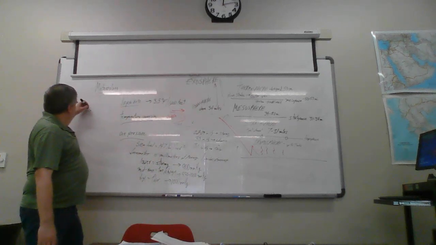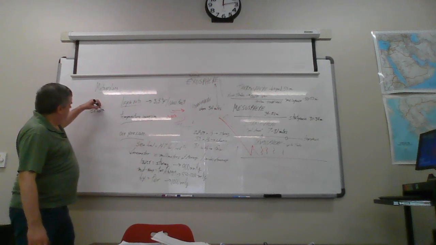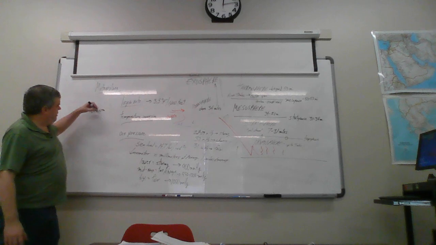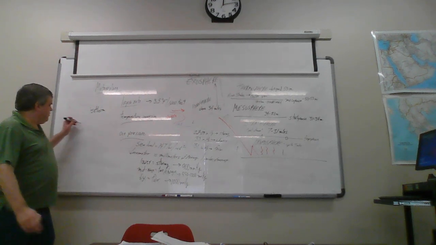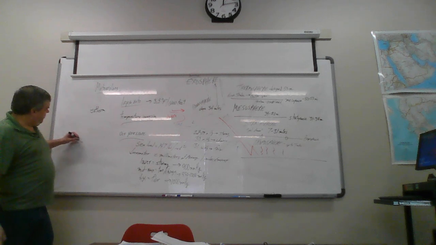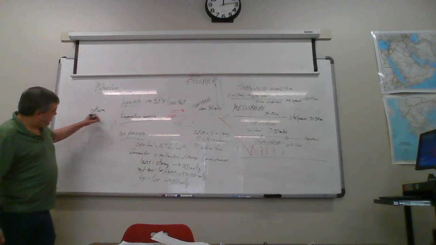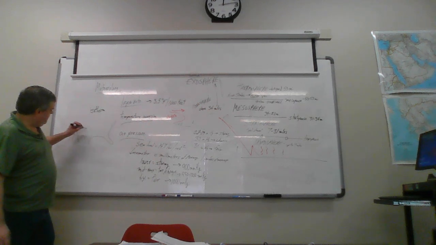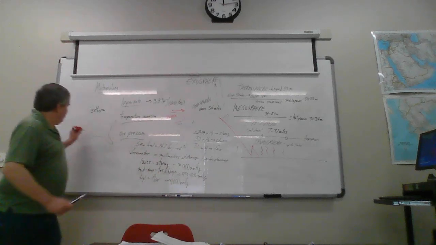Now, you also have something called an isotherm, looking at weather maps. These are lines connecting areas of common temperature. For example, we'll say just for laughs, this is a map of the United States, and you'll see these temperature extremes here.